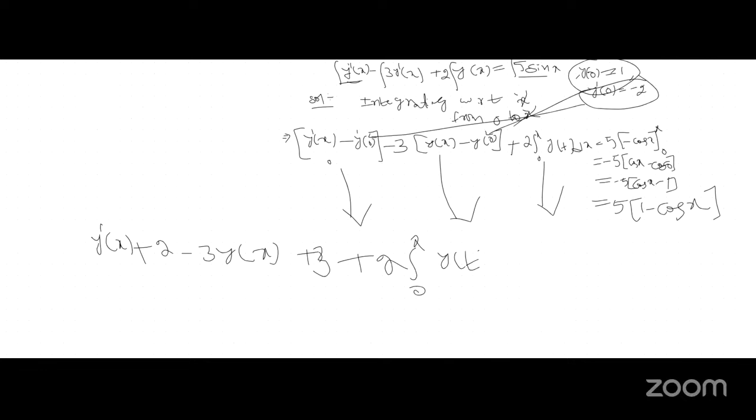Sorry, this becomes dt, I wrote that. Yeah, equal to the right side part, which is 5 minus 5 cos x. Okay, this 5 is there, no? This 3 and this 2 are going to cancel.